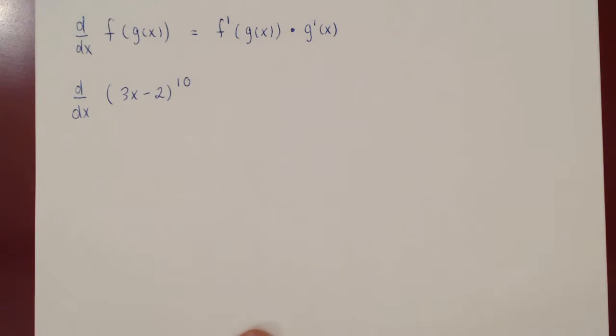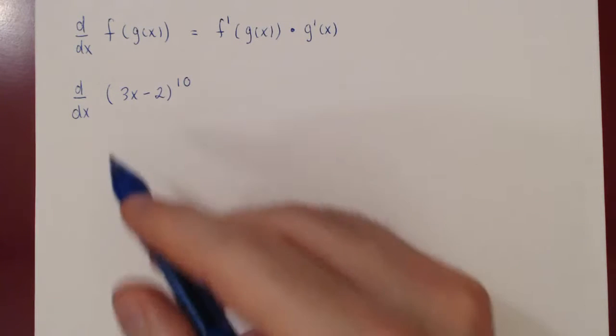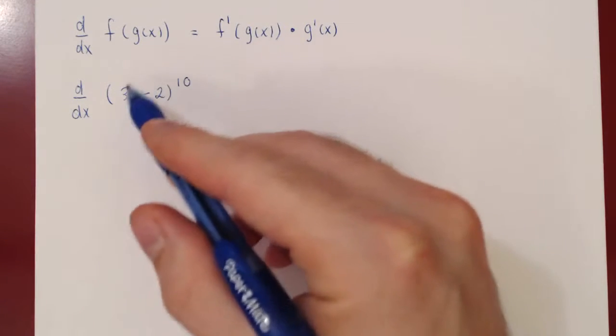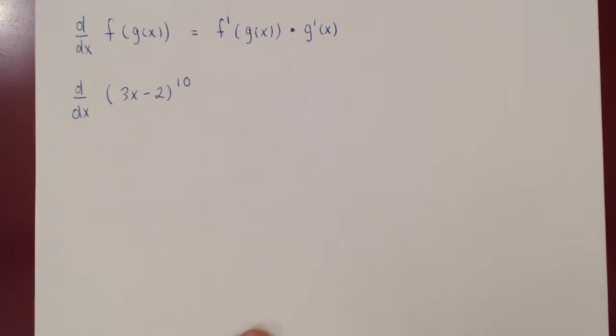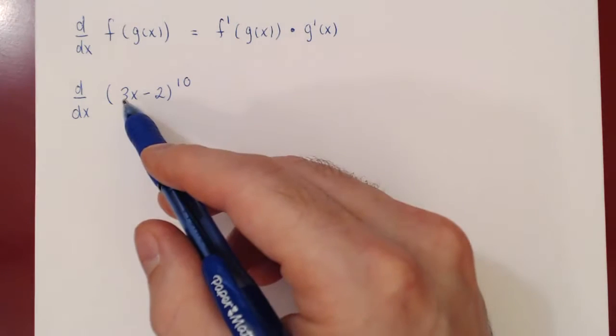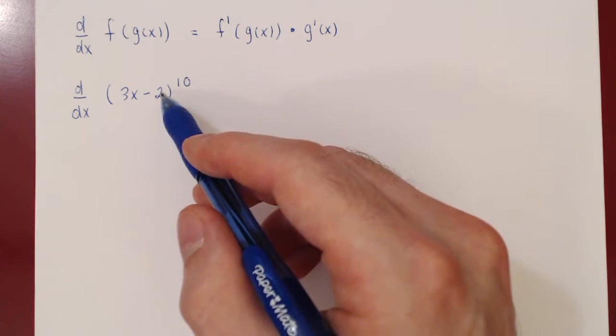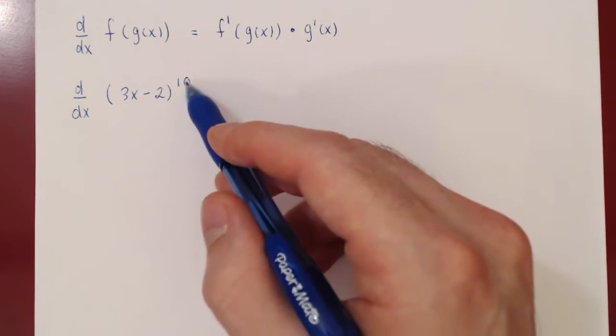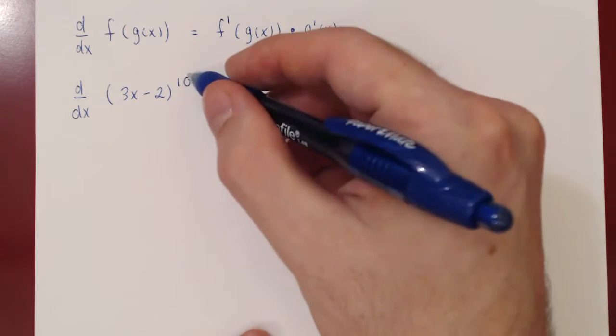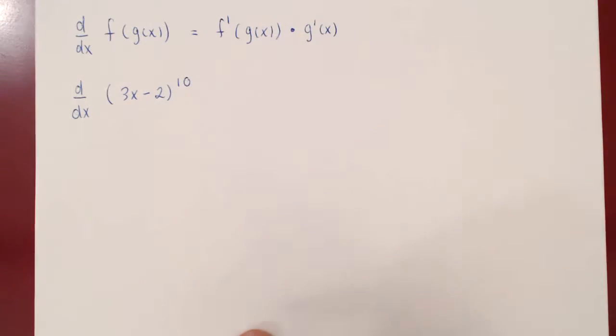And how do you find the outside function? Well, think about it this way. If you were to evaluate the expression for a given value of x, what is the last thing you would compute? Suppose I give you x equals 4. Well, you would do first 3 times 4, then you would subtract 2, and finally you would take the 10th power. So the power of 10 here is the outside function, the last thing you would compute.